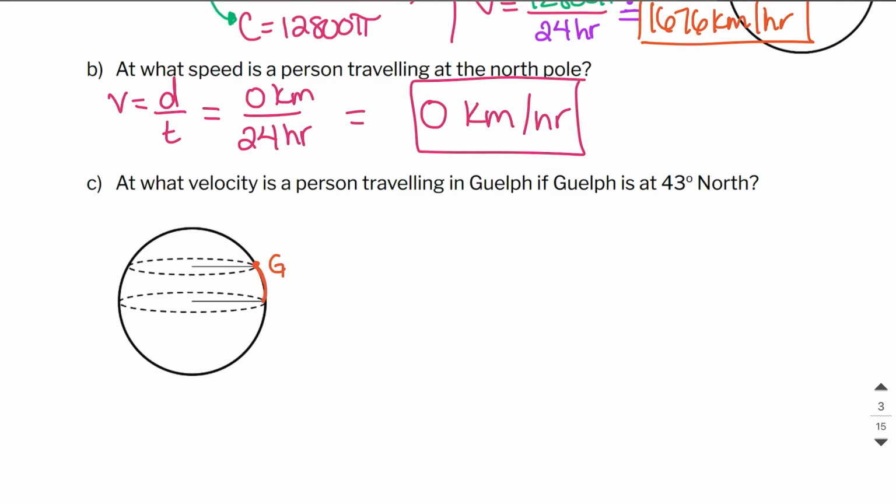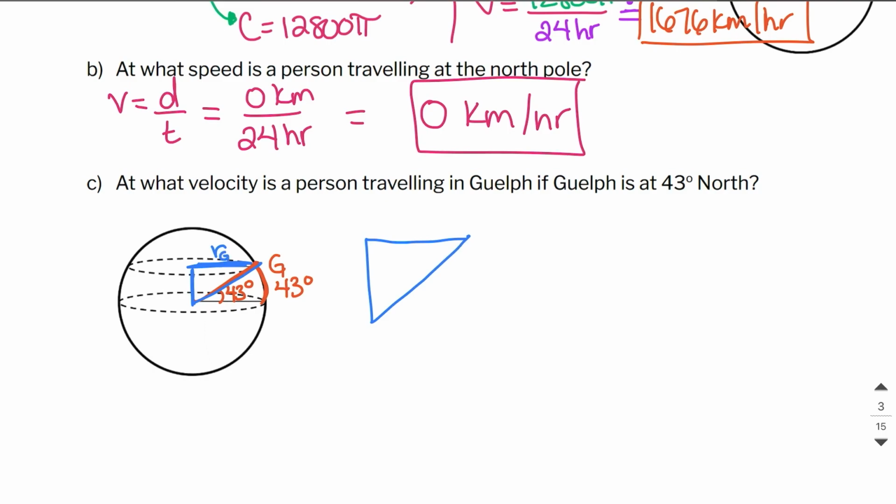If Guelph is 43 degrees north, that means that this is going to be 43 degrees. And remember, the central angle is equal to 43 degrees. In order to find this radius, I'm going to draw in this right triangle, and then zoom in on it so you can see what's happening.